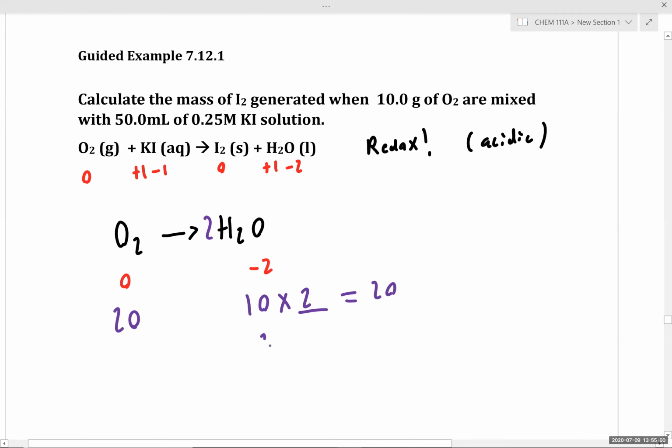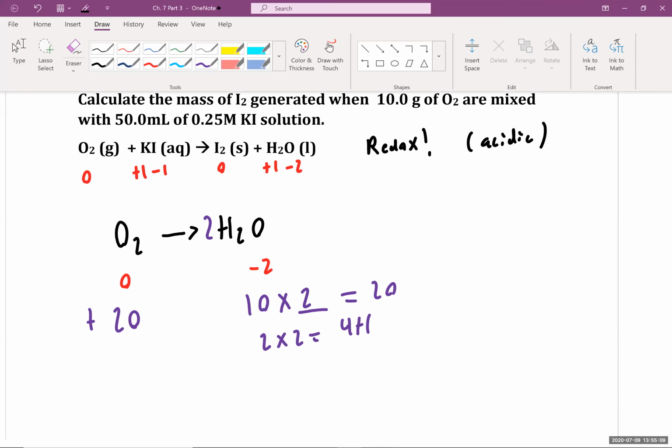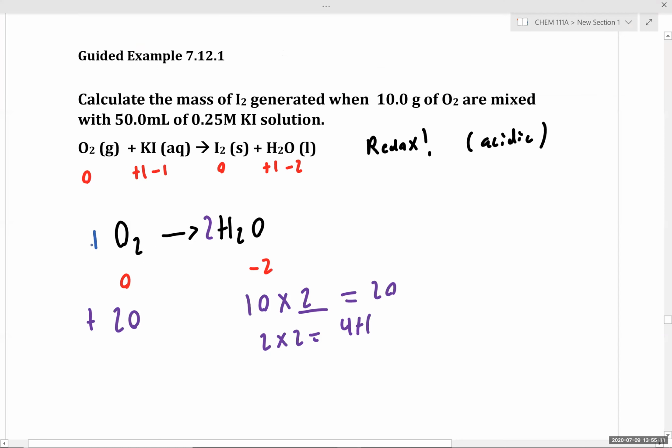Okay, now we have 2 times 2, we have 4 hydrogens. So how do we get 4 hydrogens on the left? What do we add to the left? How many H pluses do we need to add? 4, yep.